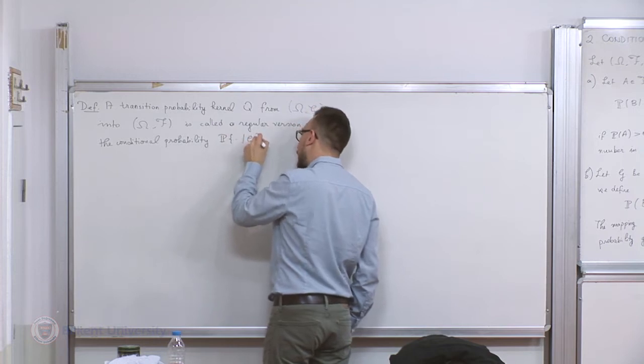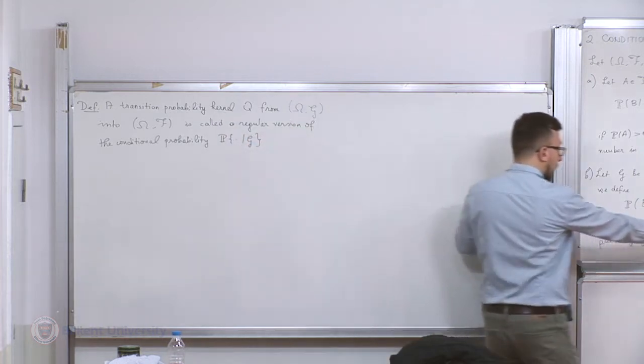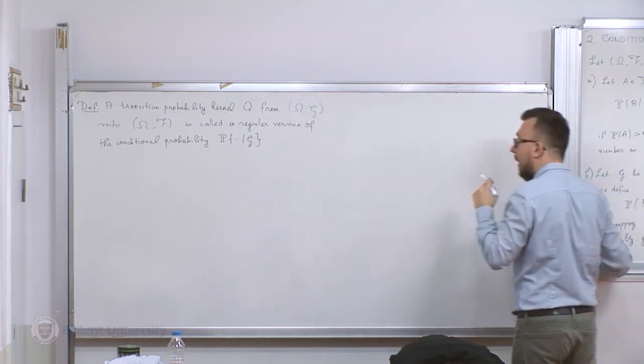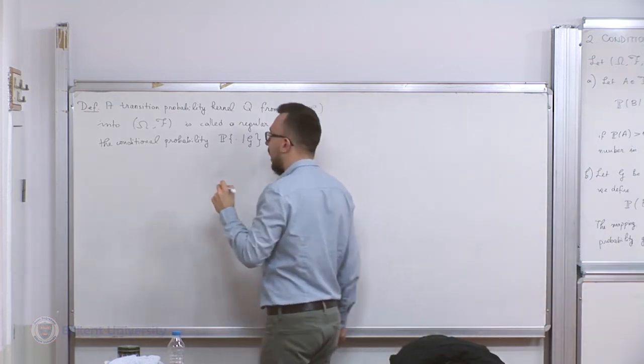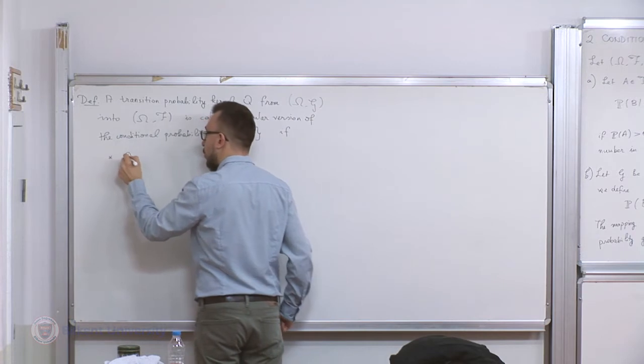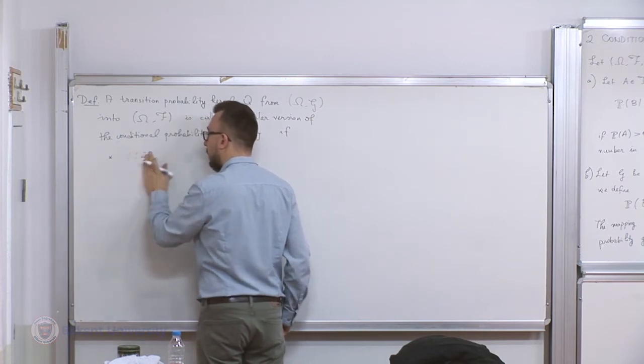of something given G, namely this mapping, conditional probability. So we have the following. Let me say it this way.